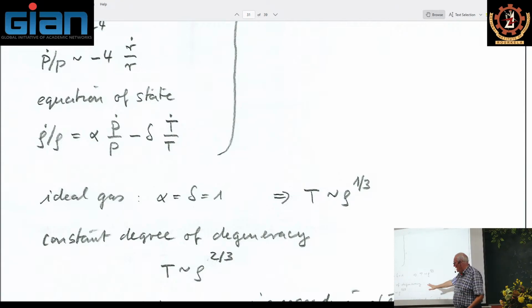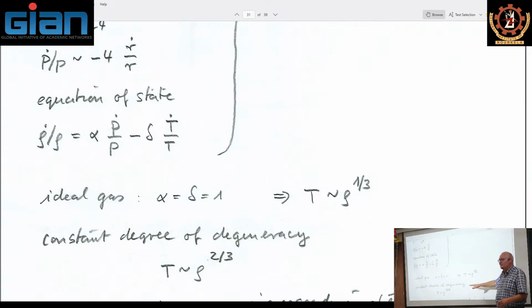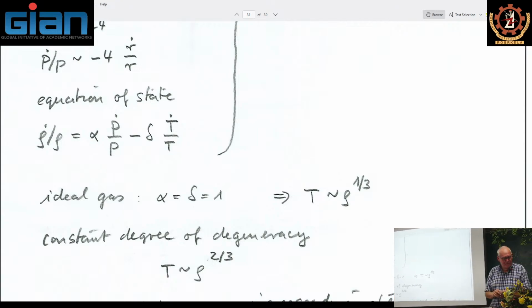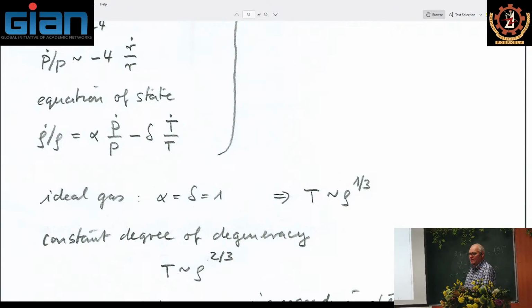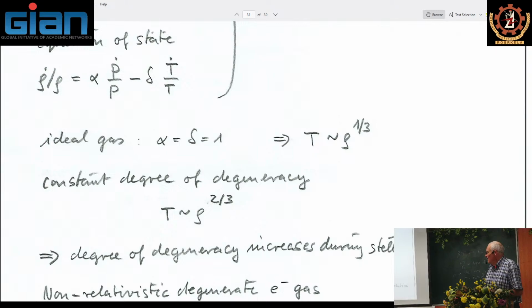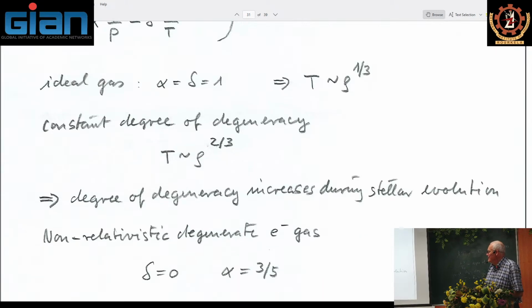So we enter successively the domain of degeneracy, and finally we will end up with an equation of state of that of the first non-relativistic degenerate electrons.